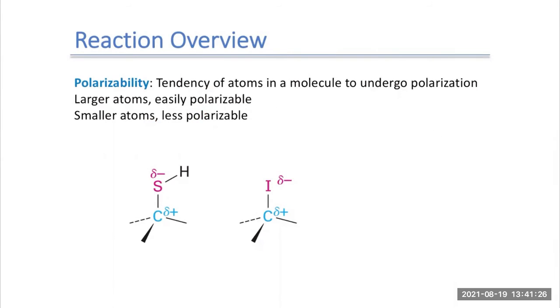If you think about your intermolecular forces, if you had two fluorine atoms and they're right next to each other, that fluorine atom is really, really tiny. You can't move the electrons around that much on a small fluorine atom. But on a big, giant iodine, there's lots of space there. You can kind of squish it around.